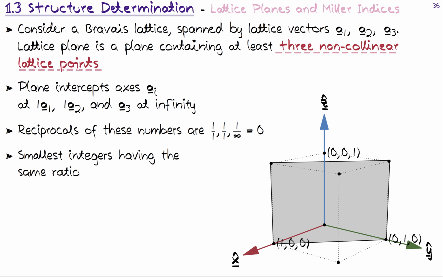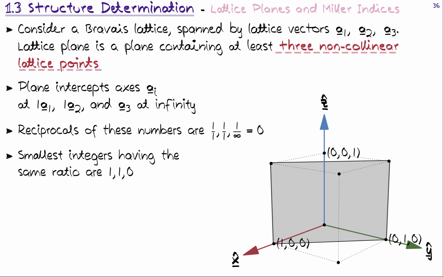Then we must turn these 3 numbers into a set of the smallest possible integers having the same ratio, and then we have our final indices.